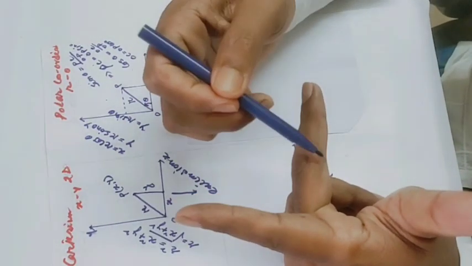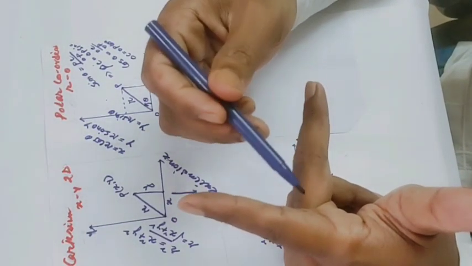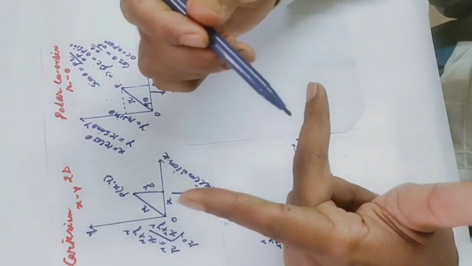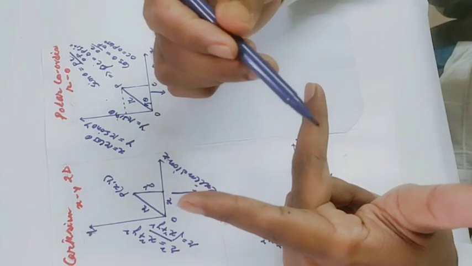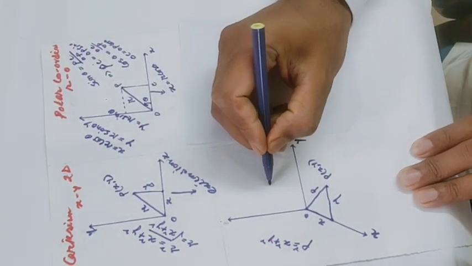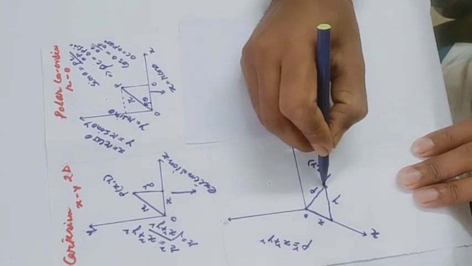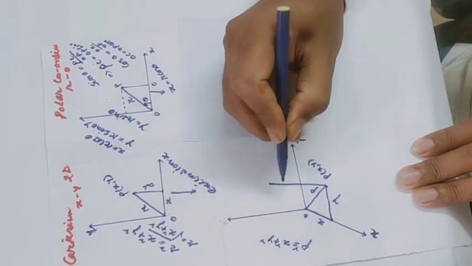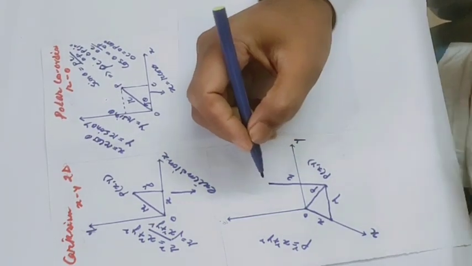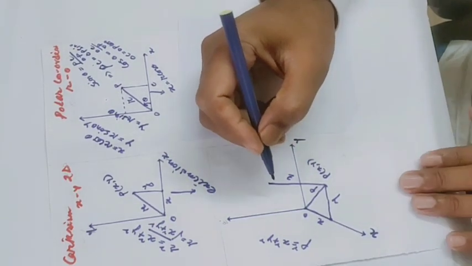So you draw a perpendicular from the x-axis, a perpendicular from the y-axis, and then a perpendicular from the z-axis. As a result, you get this point P, x, y, z. So to represent a point here, you need to draw a perpendicular to the z-axis, and most of the time we call it a projection.